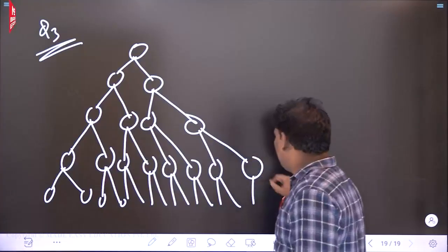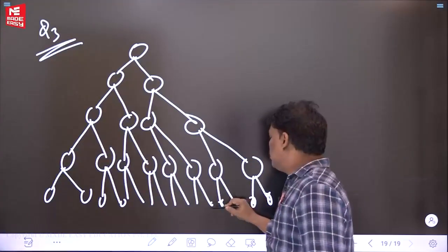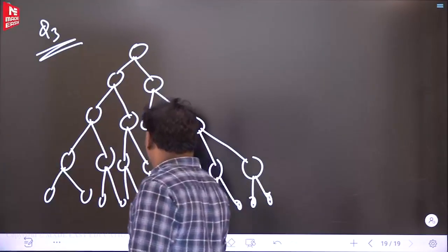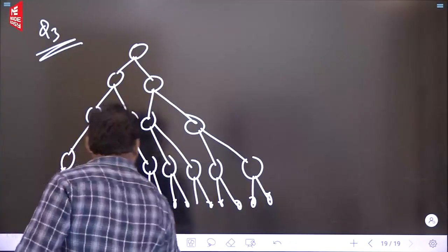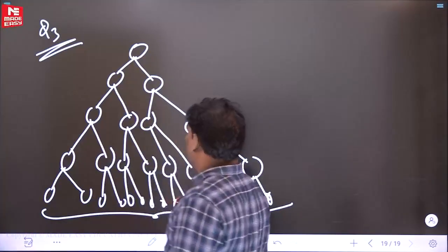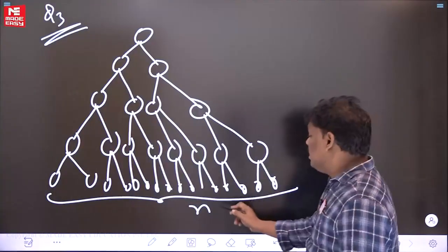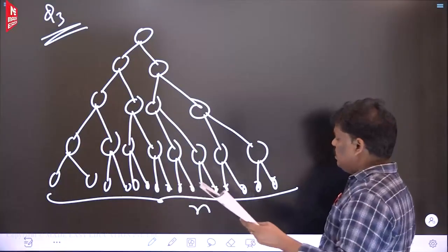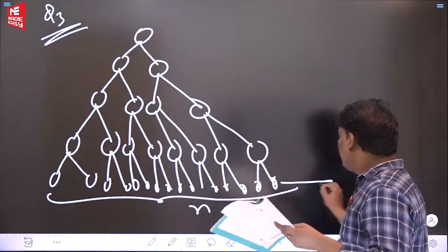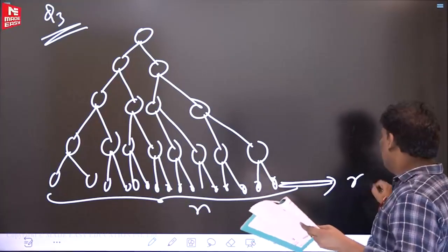How many leaf nodes? N. For question number 3, input is going to be a balanced binary search tree with n leaf nodes. Please be careful, it is a balanced binary search tree.